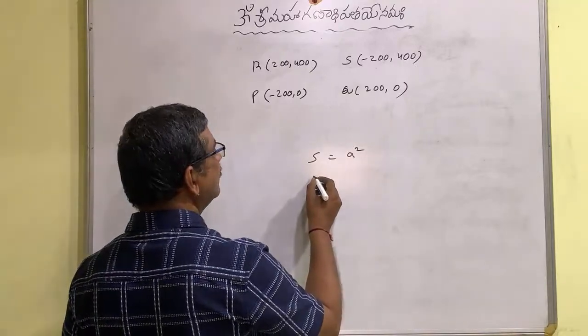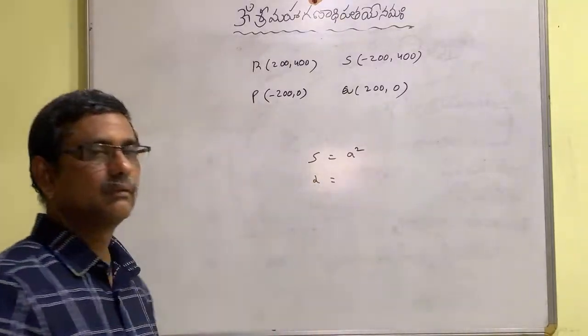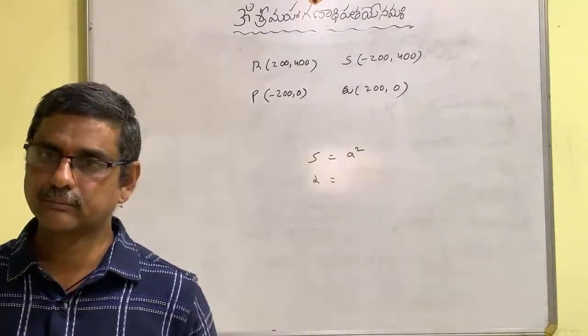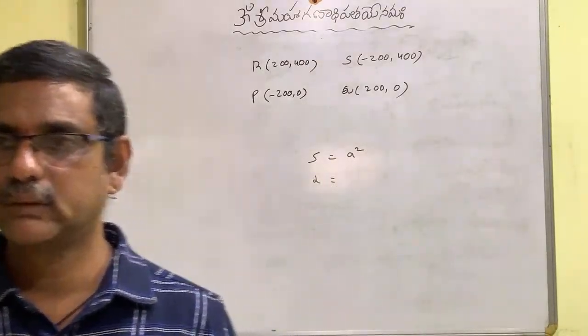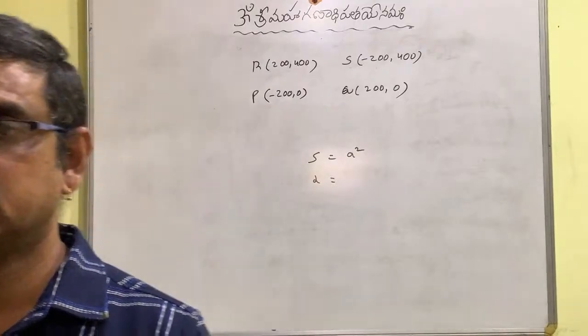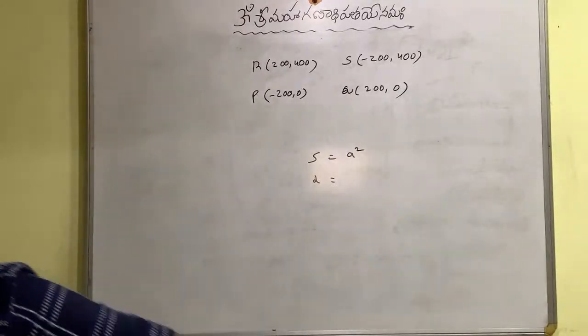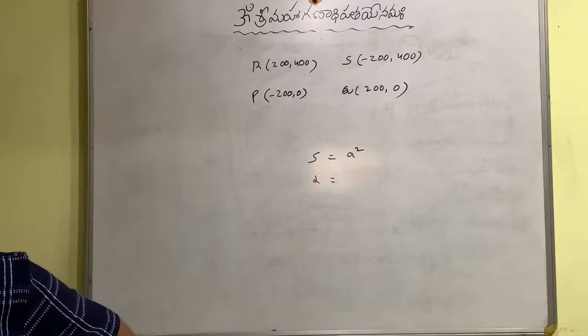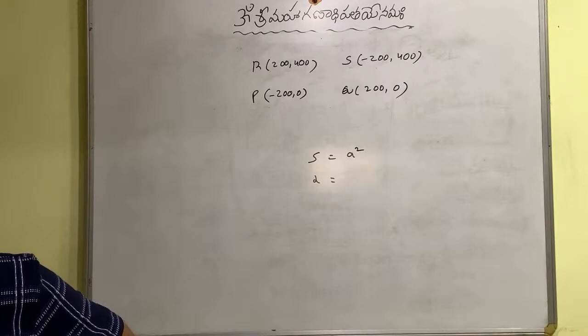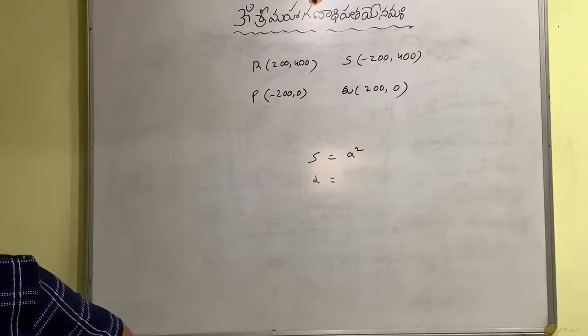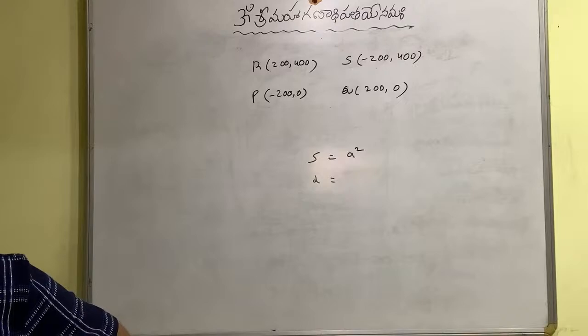When we know the diagonal, can anyone say? No one is answering my question. If we know the diagonal of a square, can we find its area?